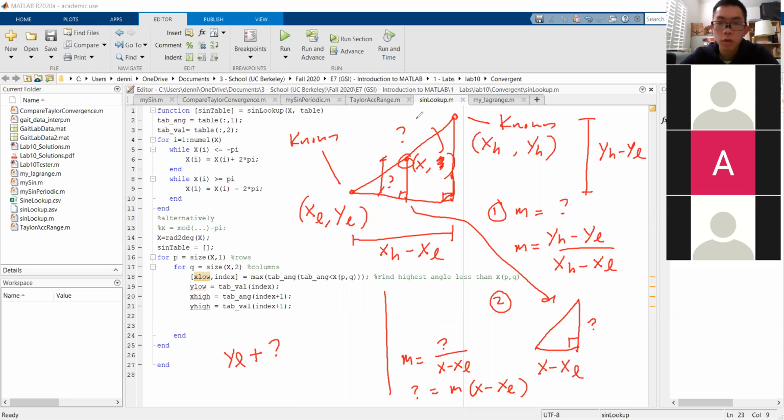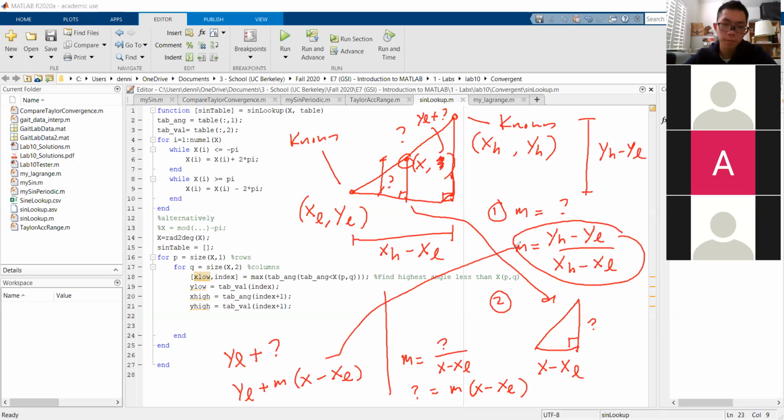This should be y low plus question mark, and that's going to be equal to y low plus m times x minus x low. And m is just this thing we got over here. I'll drag that over here. And what all that does is find the sine of our angle at that interpolated point. Let me clear this in 3, 2, 1.